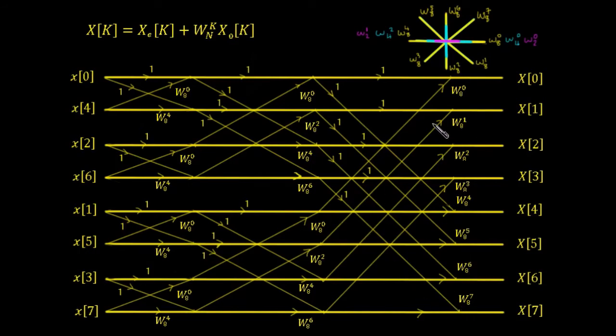We started off with two 4-bit DFTs, and then we're going to extend that to 4 2-bit DFTs. So on the left hand side we have our time, on the right hand side we have our frequency, and you can see that these are arranged in 0, 4, 2, 6, 1, 5 and 3, 7.